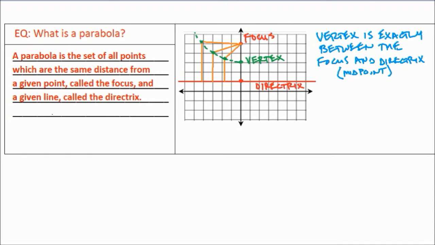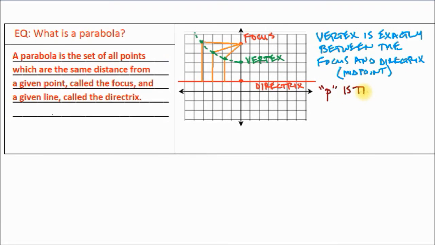It is normally labeled the letter P. So let's write that right here. You're going to see later how this value actually helps you find the equation of this parabola.